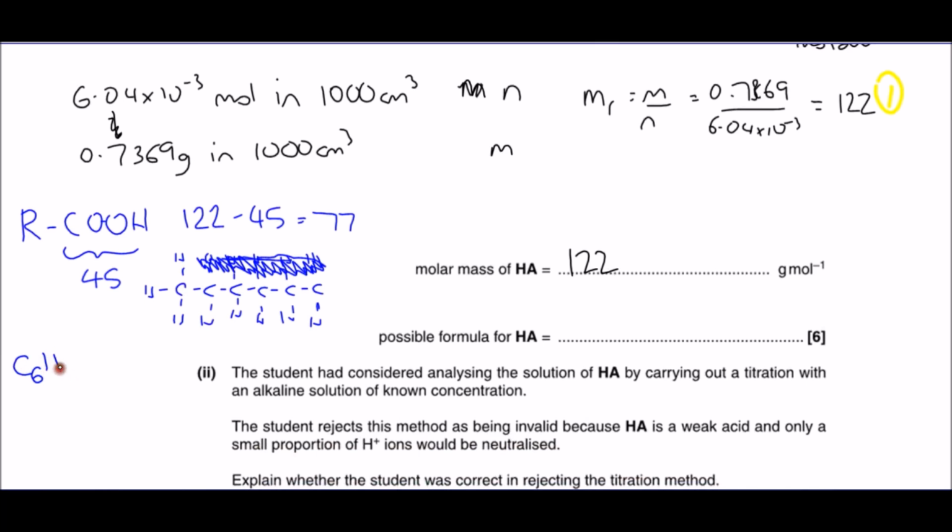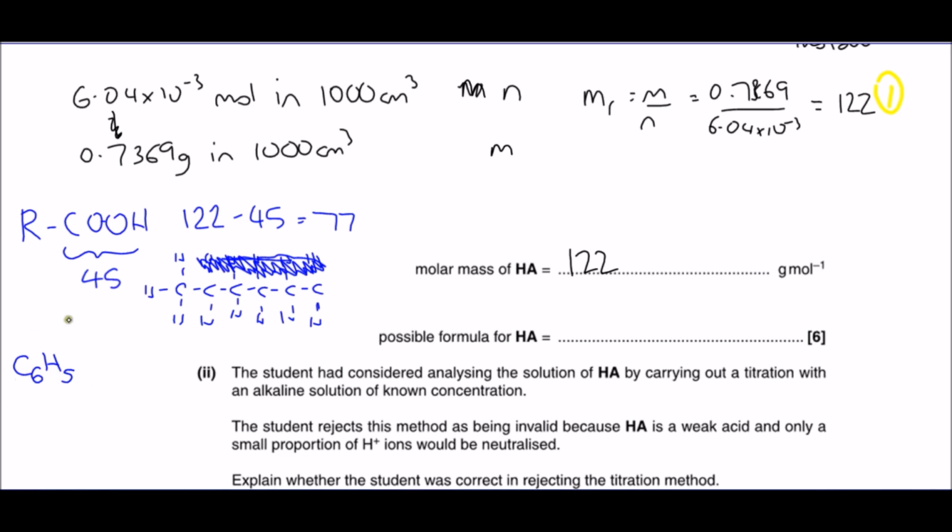I'm left with C6H8. Has that brought me down to what I need? I'm not sure it has actually. 6 times 12 plus 8 gives me 80. I've still got too many hydrogens, so I need to get rid of another 3. 8 take away 3 is 5.